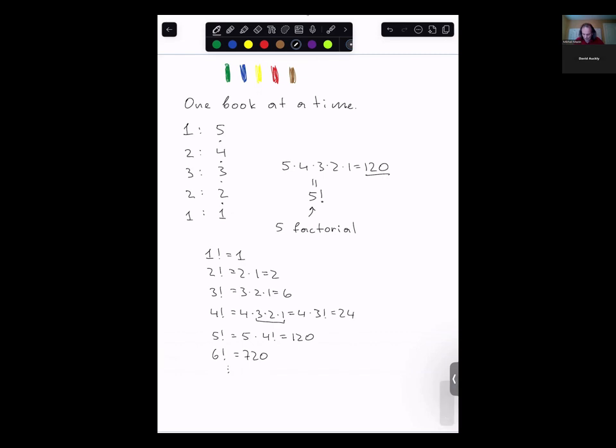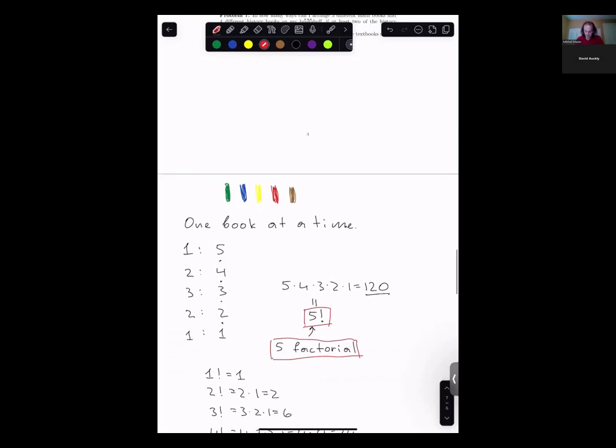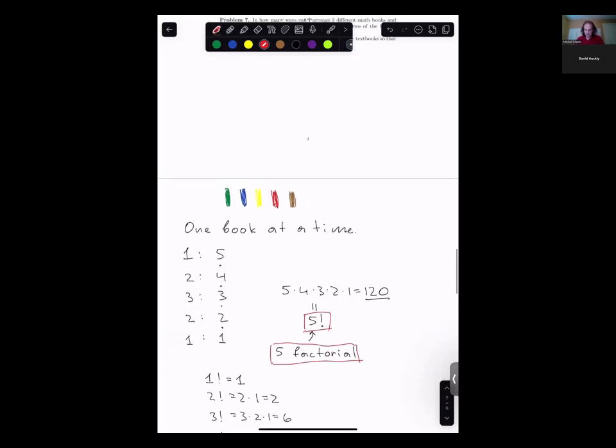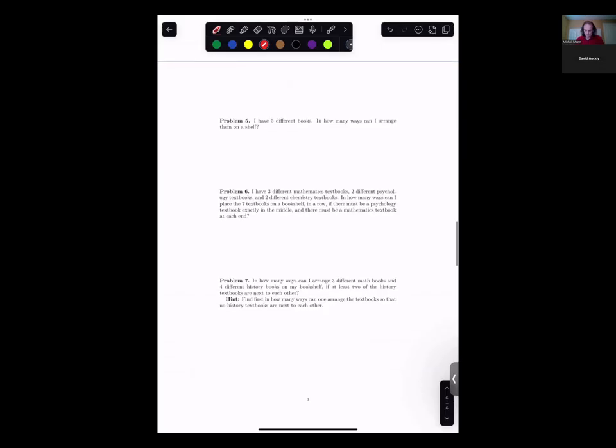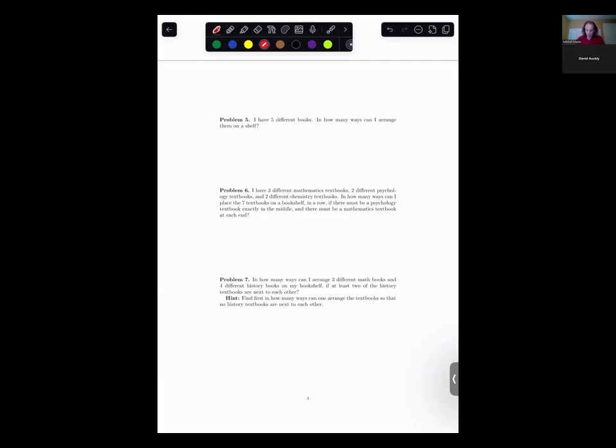Okay, so that's another multiplication type of problem, but I wanted to use it to introduce this important notion of a factorial. That's one of the standard problems that allows us to introduce factorials. The next two problems are variations on this idea. So maybe let me skip number 6 here.